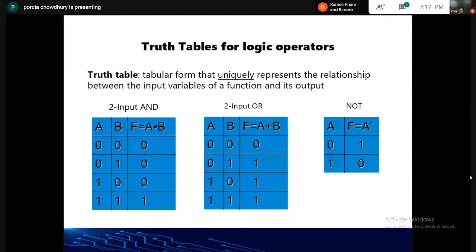Over here I need to mention that it's a binary logic. So if we have two inputs, A and B, how many combinations can we form? 2 to the power 2. 2 is the base as binary, and how many inputs do we have? 2. So 2 to the power 2 is equal to 4. So that's why we have 4 combinations: 0 0, 0 1, 1 0, and 1 1.